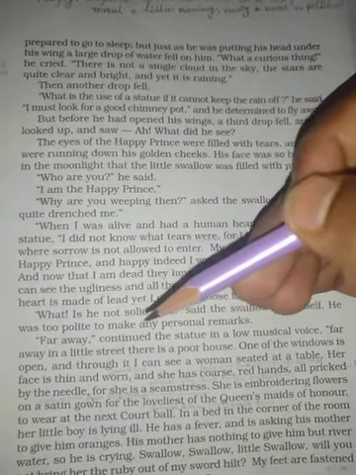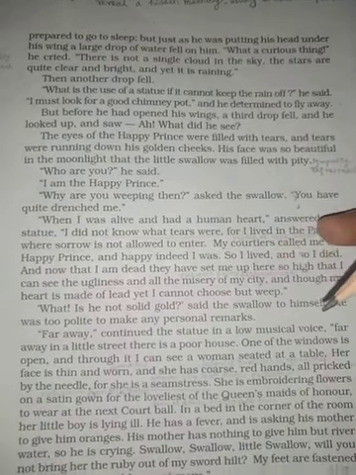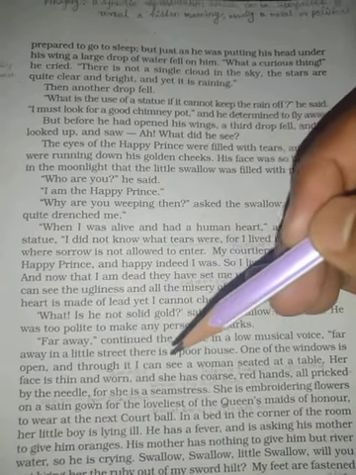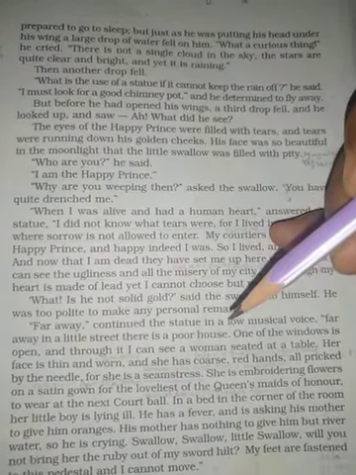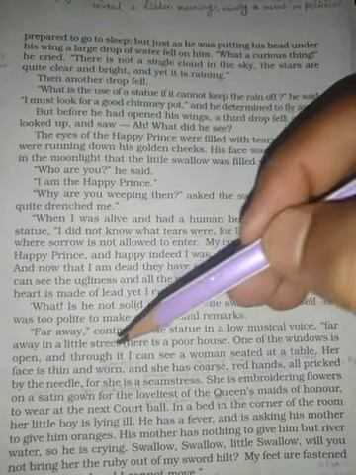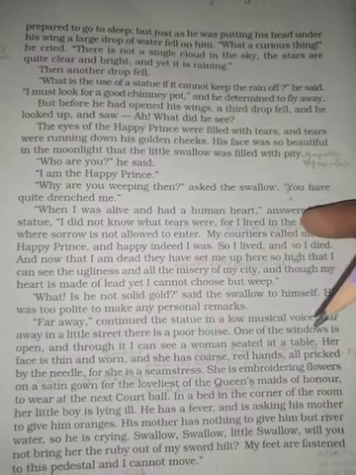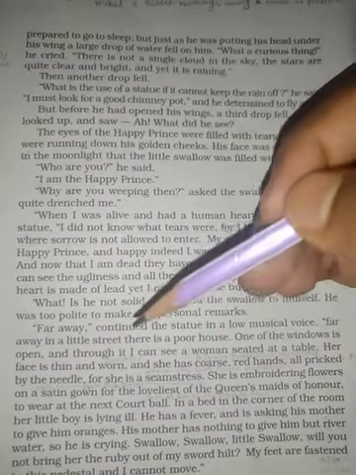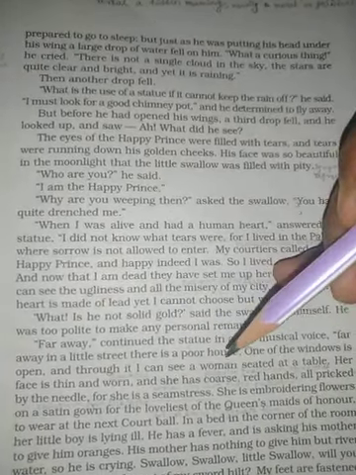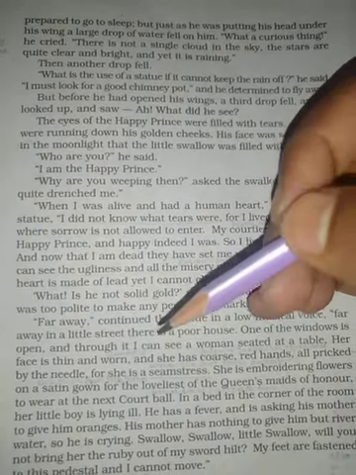Far away, continued the statue in a low musical voice, far away in a little street, there is a poor house. One of the windows is open, and through it I can see a woman seated at a table. Her face is thin and worn. Worn is damaged, like wrinkled, how a poor lady looks.